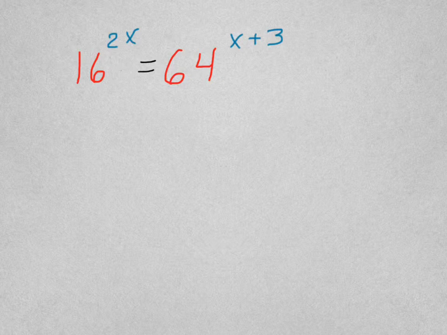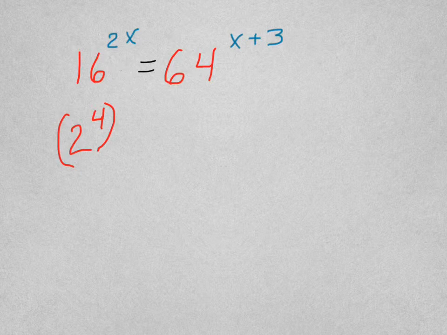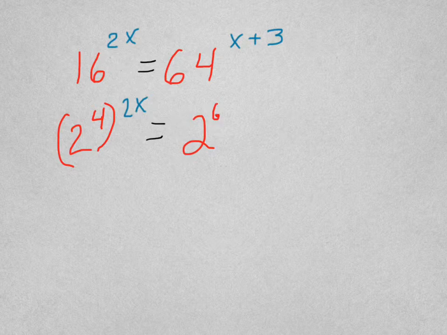So, we know that 16 can be represented as 2 to the 4th, and then we put that to the 2x power. And 64 is represented by 2 to the 6, and that is to the x plus 3 power.